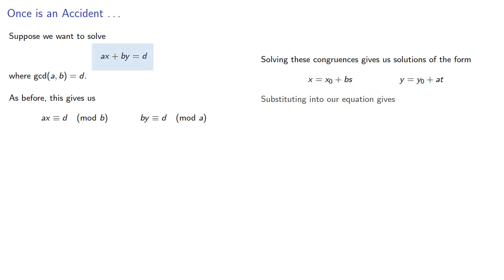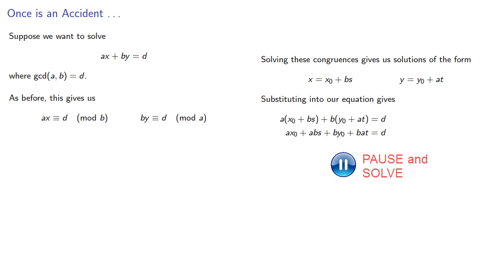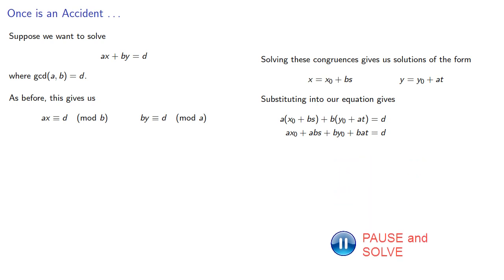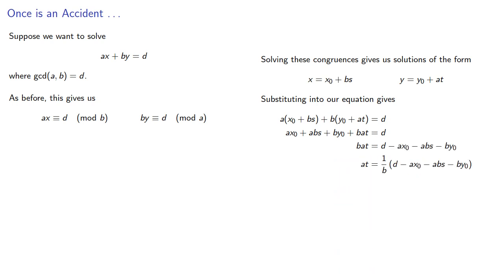If we substitute these into our equation, we get an expression, and now let's try to get rid of this at term in our expression for y. So we'll solve this for at. And so our solutions will be of the form.